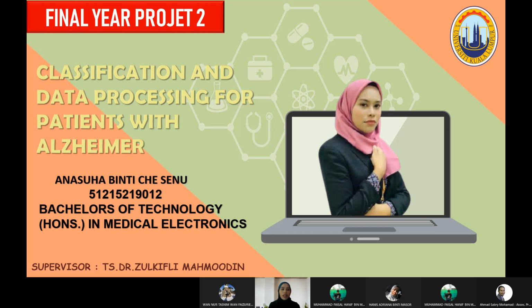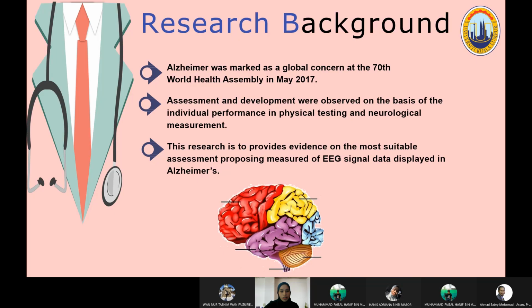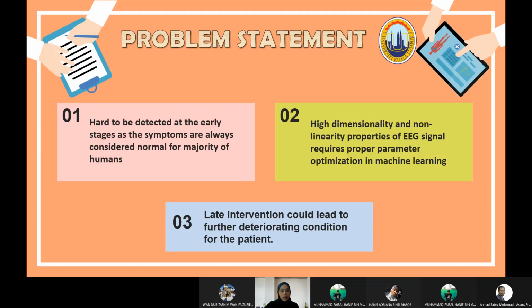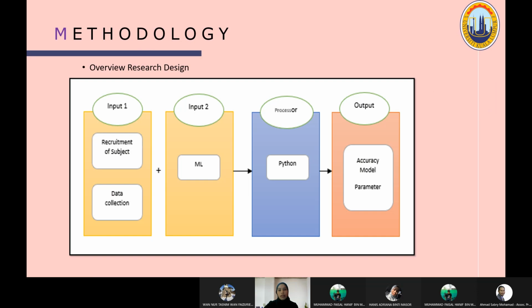Assalamualaikum warahmatullahi wabarakatuh. My name is Anaswa Teacher Senu and my final year project title is Classification and Data Processing for Patients with Alzheimer. So we will proceed to the methodology. For the research design overview, the data include collected results recorded from the study to discriminate the future assertion, then the identification of Alzheimer classification is met.